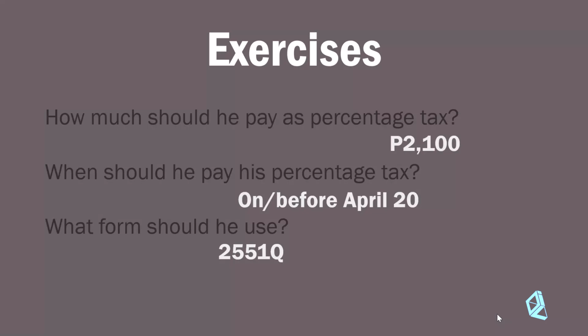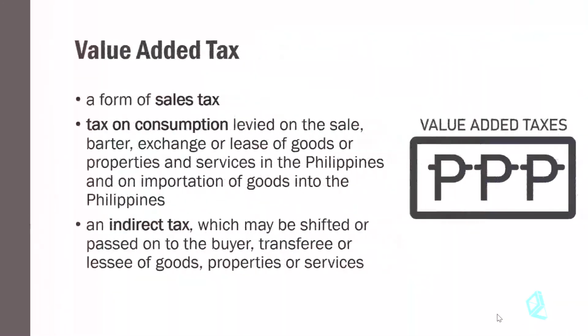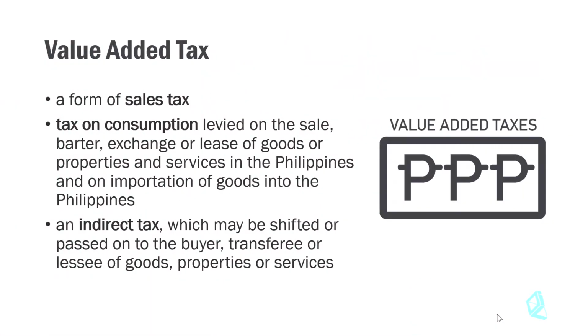And what form should he use? 2551Q. I hope you got all of the answers correctly. If not, then you have to review the previous discussions. So in the next video, we'll talk about value-added taxes. So see you in the next video.